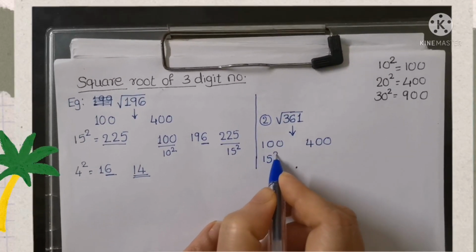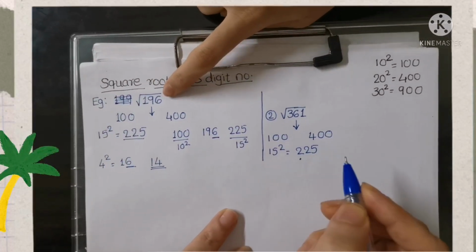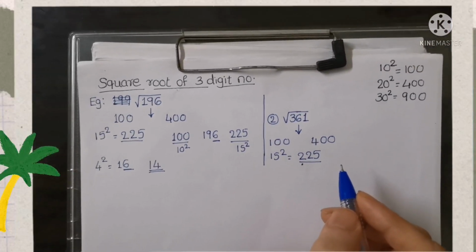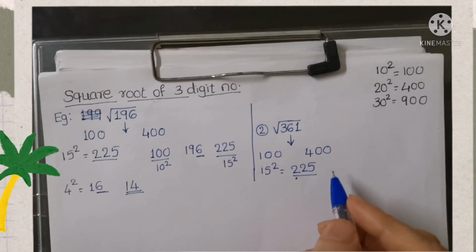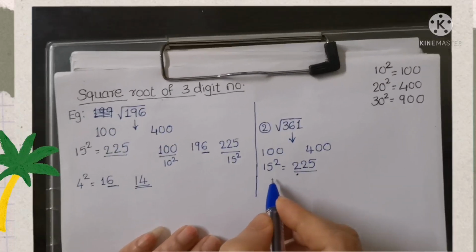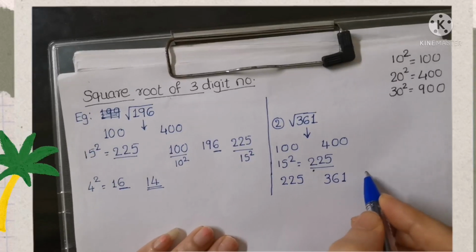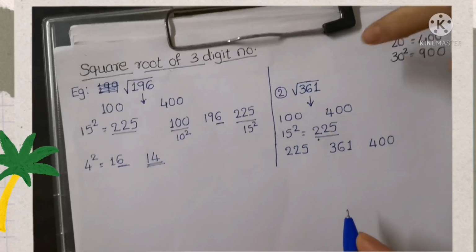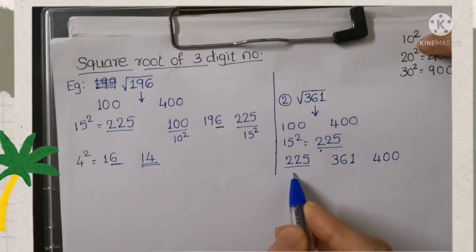This number lies between the square of 10, which is 100, and 20, which is 400. Now let's find the square of 15. As we have seen, the square of 15 is 225. Last time our number was lying between the square of 10 and 15. This time our number lies between the square of 15 and 20.